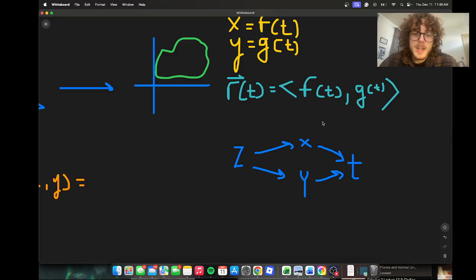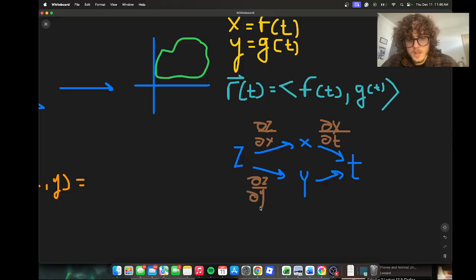But anyway, remember the chain rule says we take the partial z partial x, times the partial x partial t, then the partial z partial y, times the partial y partial t.